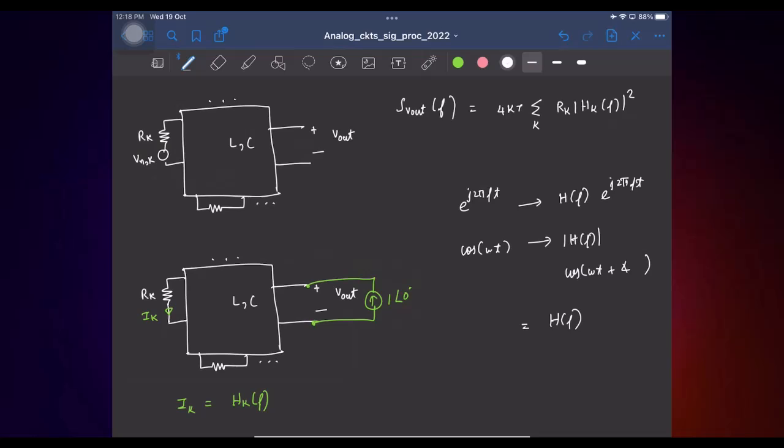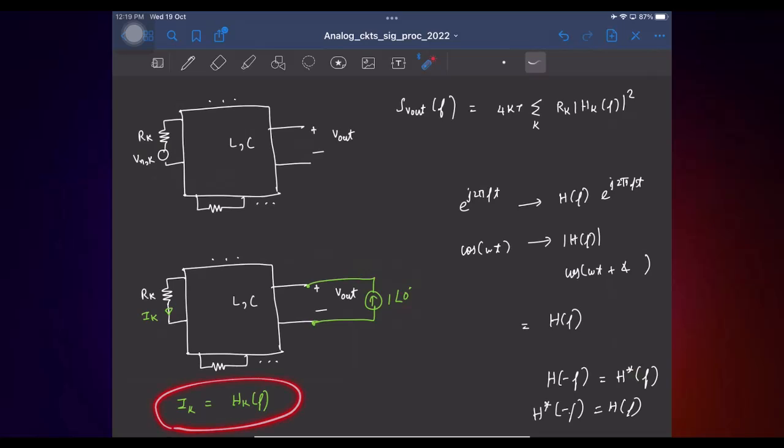For e power minus j 2 pi ft, the response is h of minus f. This is the same as h conjugate of f for real systems. Use this result and you will be able to prove it. So everyone satisfied that the phasor I measure here will be hk of f? That is, the magnitude of the current is scaled by the magnitude of hk, and the additional phase will be the angle of this. Okay. Take it to the next page.